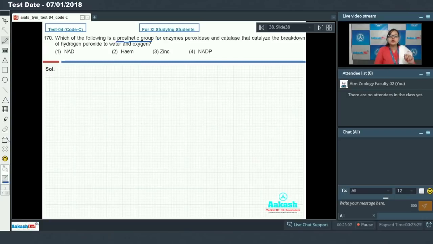And prosthetic groups are usually associated with the active site of the enzyme. So we have to select the prosthetic group for enzymes peroxidase and catalase that catalyze the breakdown of hydrogen peroxide to water and oxygen. And the prosthetic group for these enzymes given in the question is heme, that is option 2. So let's proceed to our next question.